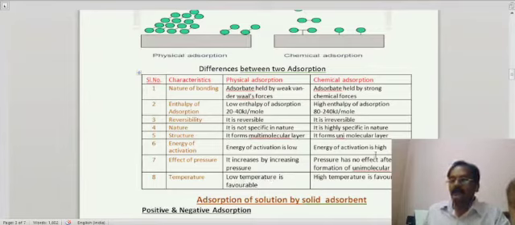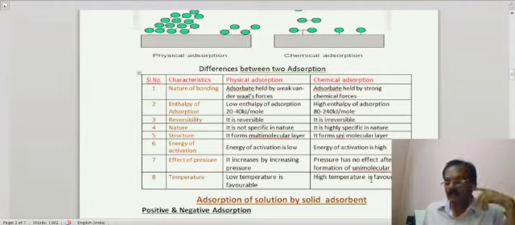Whereas the energy of activation for chemical adsorption is very high. Therefore, as you increase the temperature, the energy of the molecules goes up and more and more molecules get activated. So high temperature is required, and it favors chemical adsorption on the surface of the adsorbent. So these are the important differences between physical adsorption and chemical adsorption.